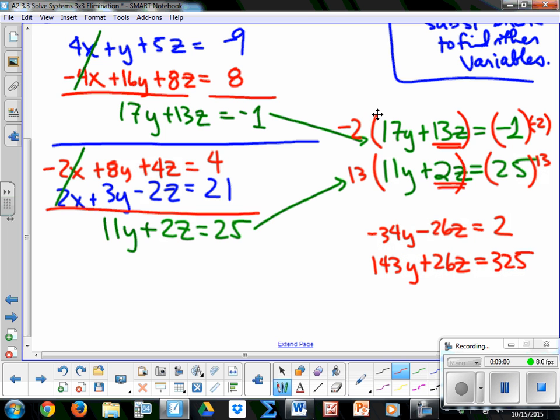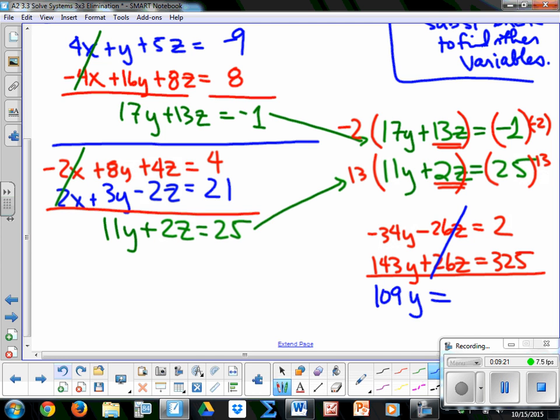Yeah, I did this one earlier. That's cheating. Okay, so combine these. Goodbye to you. Actually, let me do that in another color so you can see how that started out. Okay, so goodbye to that. Then we're going to add these two, the -34y plus the 143y, which is 109y.